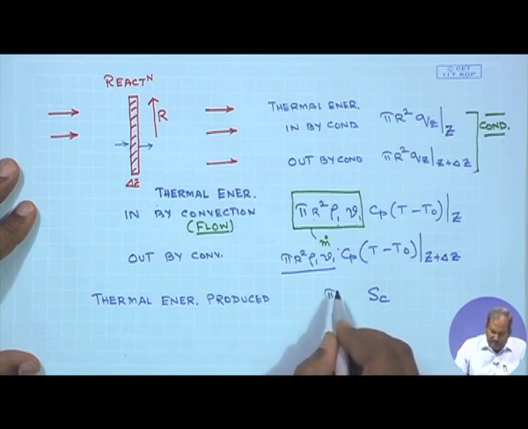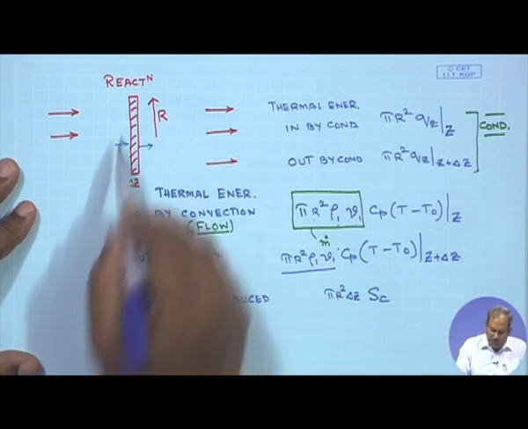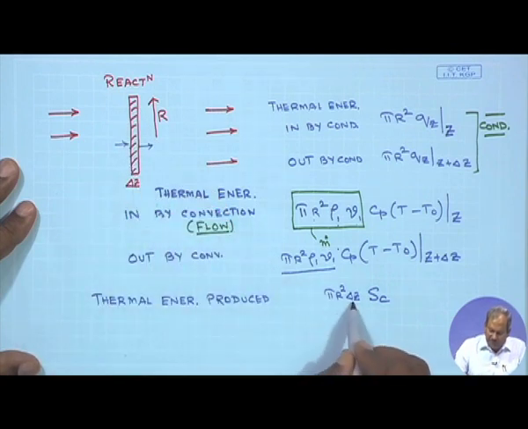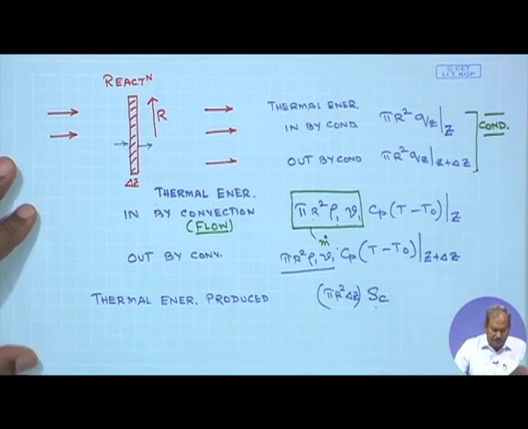So, I multiplied it with the volume of the control volume that we have chosen, the volume of this disk, which is pi r square times delta Z. So, this is the volume, and this is the rate of heat generation per unit volume. When you multiply the rate of heat generation per unit volume with the volume of the system, what you get is simply the rate of generation.